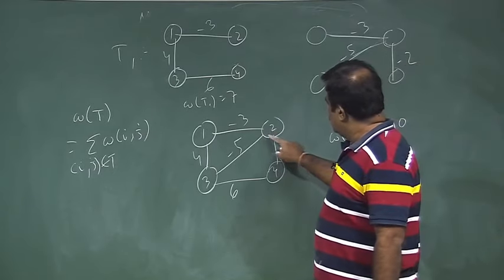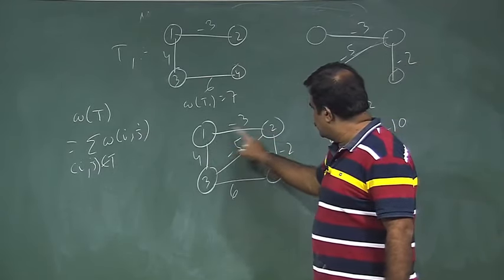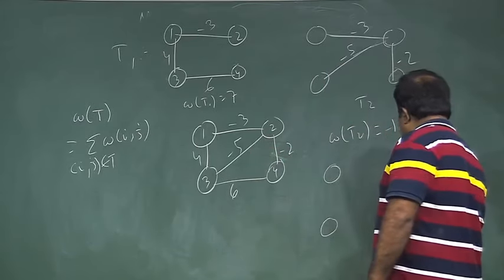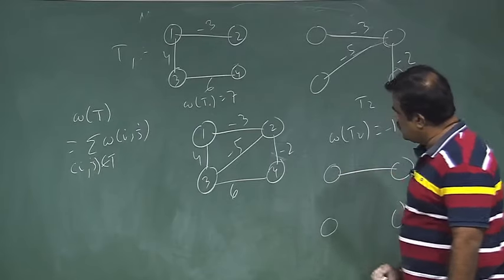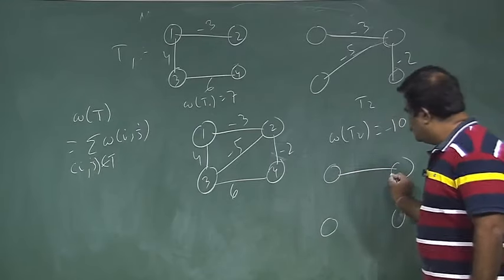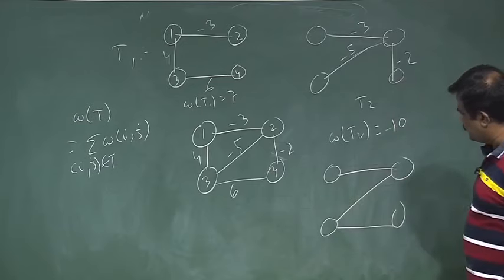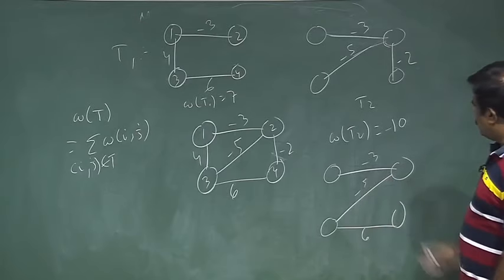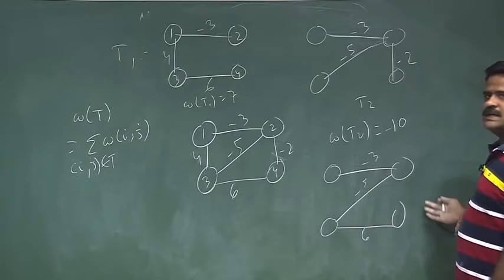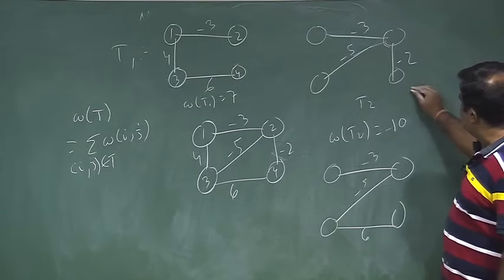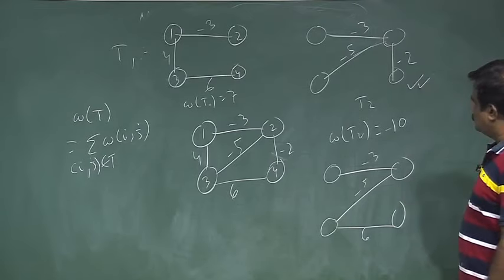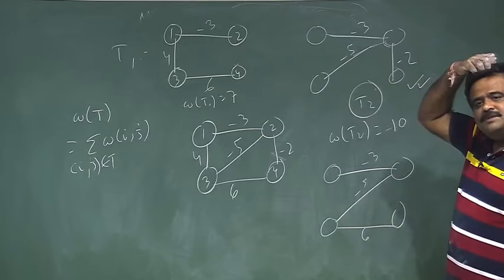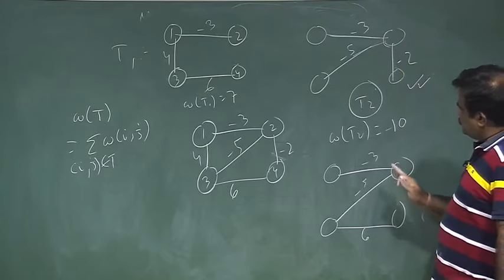We can have this, then this, and then this. This is also a spanning tree, and the weights are -3, -5, 6. So, it is not less than this. We can have some other spanning trees also. Among these, I think this one is the minimum one. So, this should be the output of the minimum spanning tree algorithm.